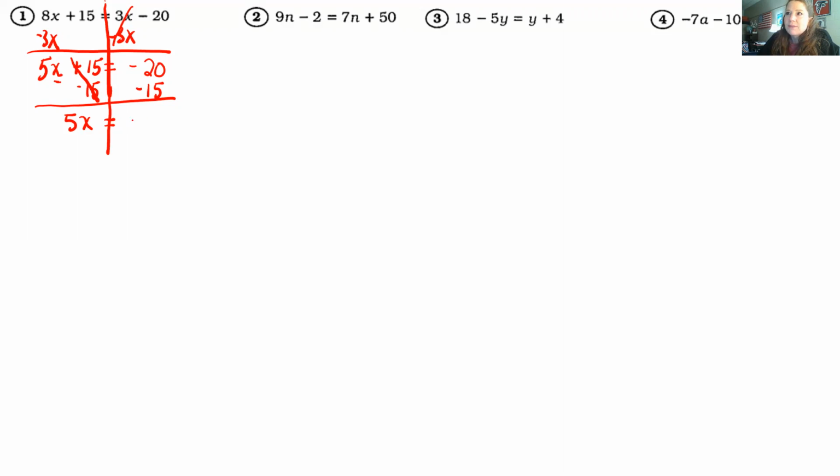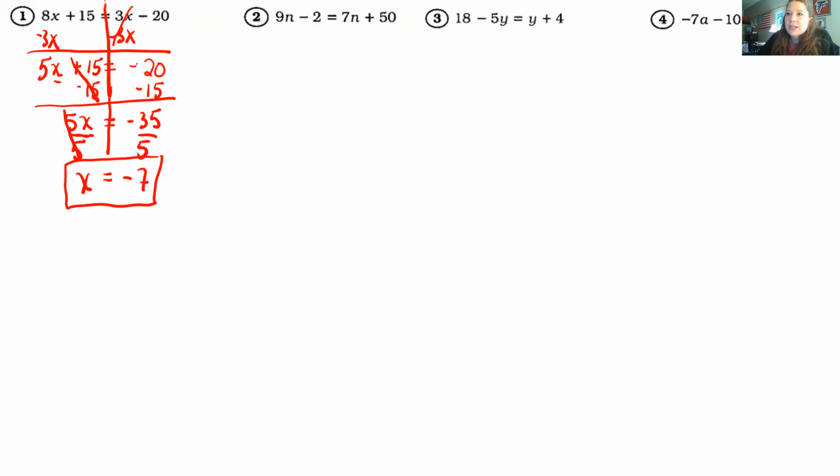Negative 20 combined with negative 15 is negative 35. And now this means 5 times x. So the opposite of multiplying by 5, I'm going to divide by 5. 5 divided by 5 is 1, and 1 times x is x. And negative 35 divided by 5 is negative 7.